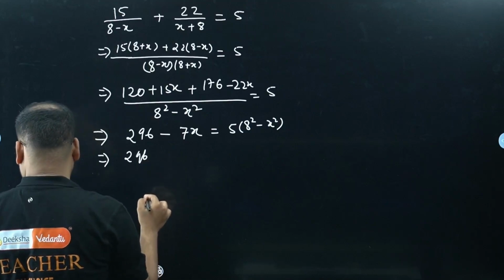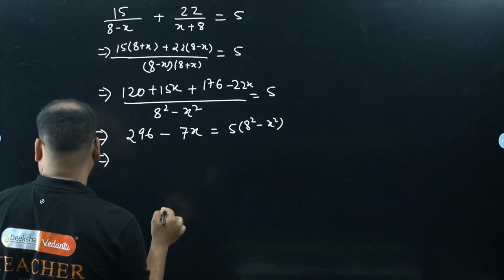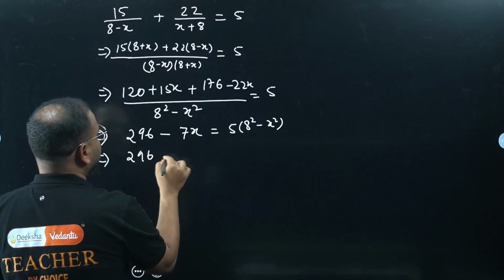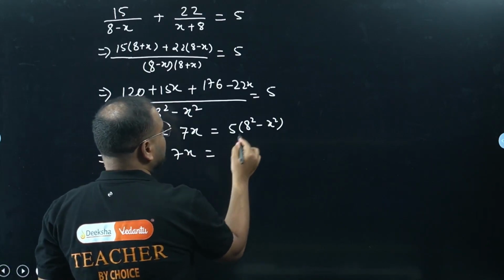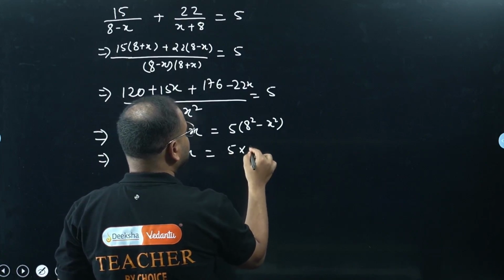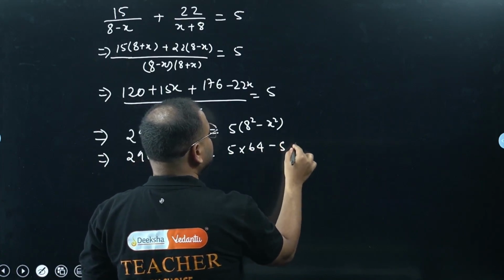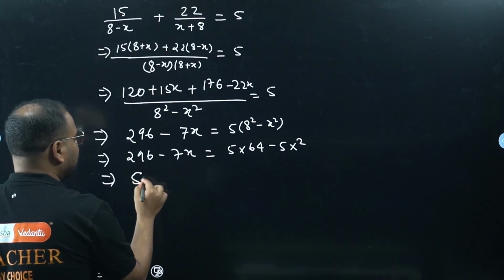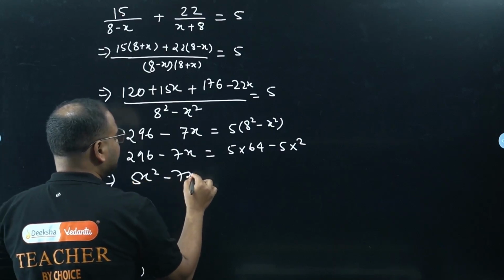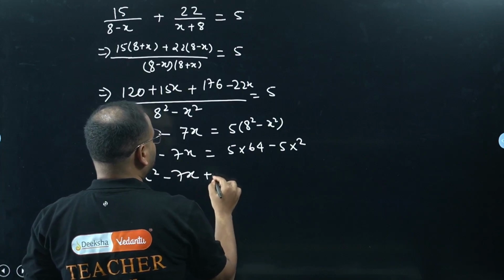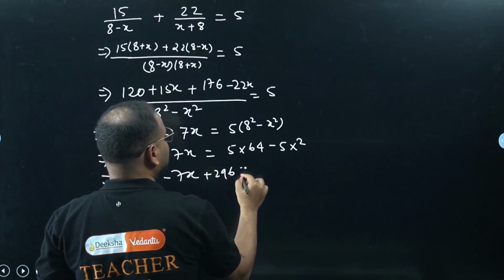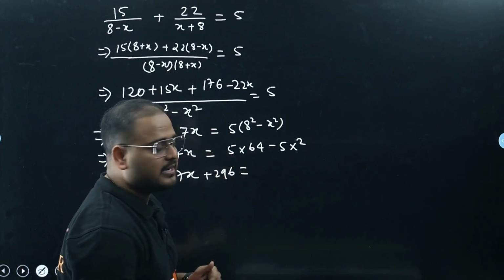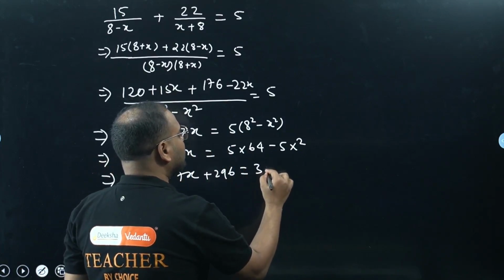296 minus 7x equals 64 times 5, and minus 5x square. Let's bring everything over here. I can get this as 5x square minus 7x plus 296 minus 320. 64 into 5: 5 4s are 20, carry 2, 6 5s are 30, plus 2 is 32, so 320.